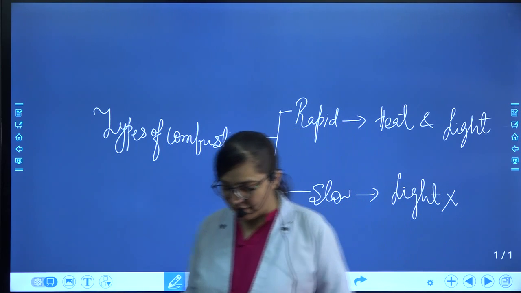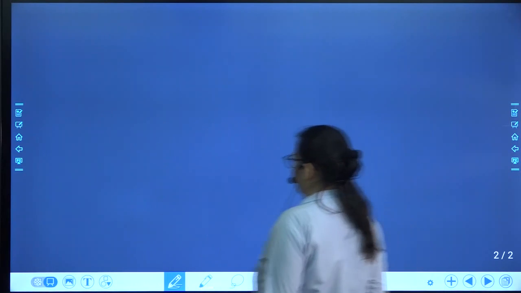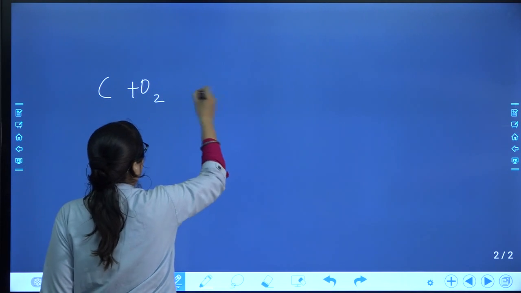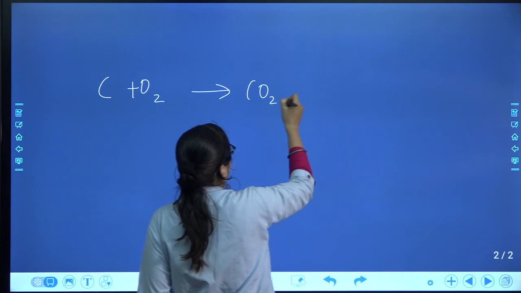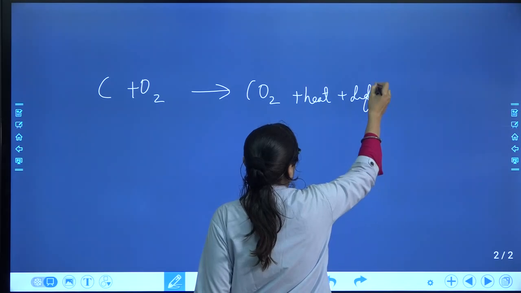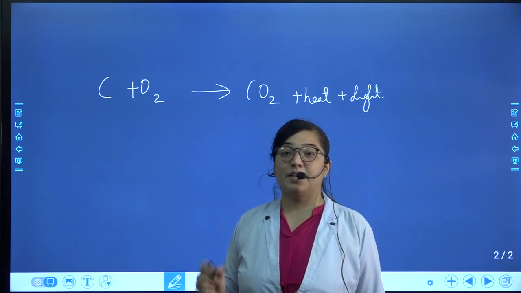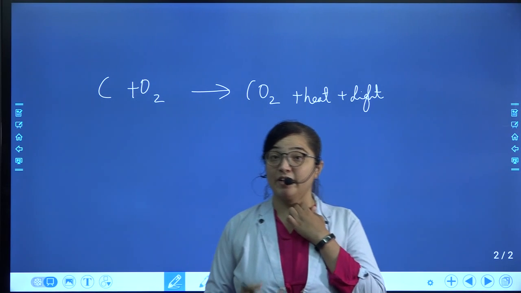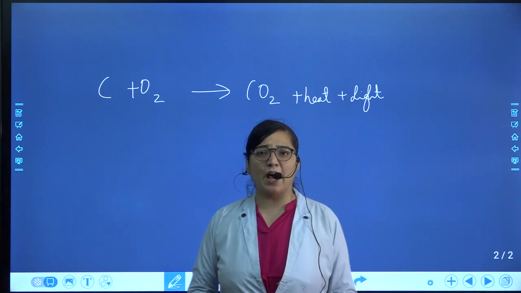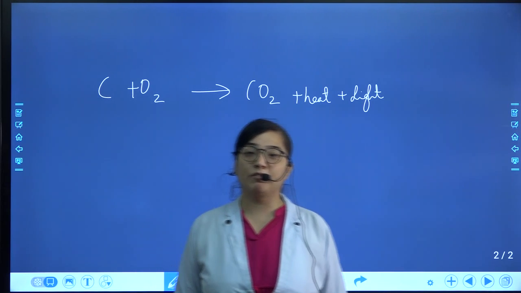And for rapid combustion, you have three examples. The first one is carbon. Whenever carbon reacts with oxygen, you get carbon dioxide and heat and light. Again, when any substance containing a hydrocarbon, maybe methane, ethane, propane, butane, any of the hydrocarbon family, is burnt, for burning we need oxygen.